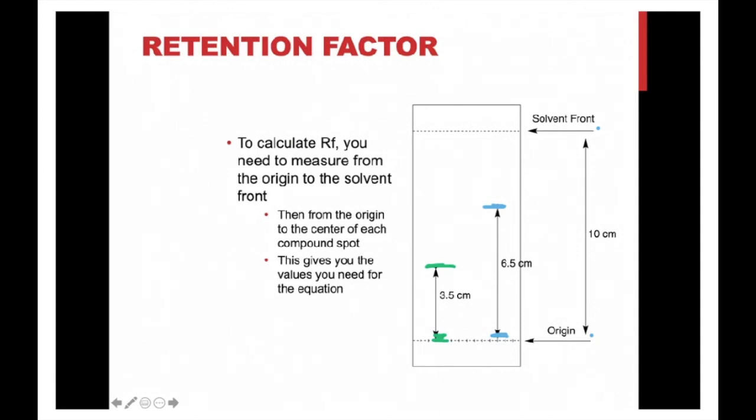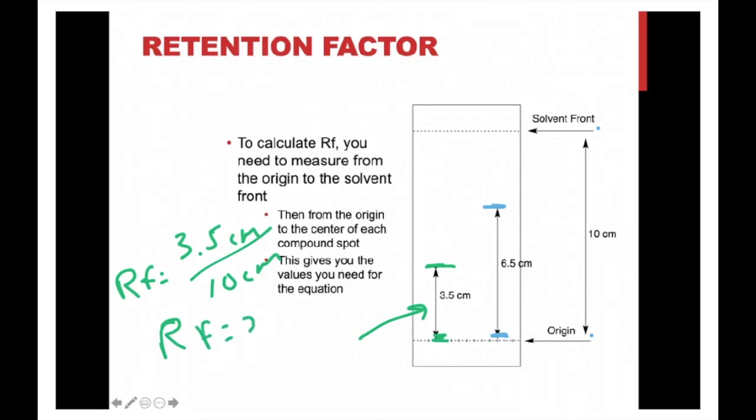So I made the math super easy here. The RF for this first compound would equal 3.5 centimeters divided by 10 centimeters. I made the math really easy, still goobered it up. It's going to be 0.35, right?